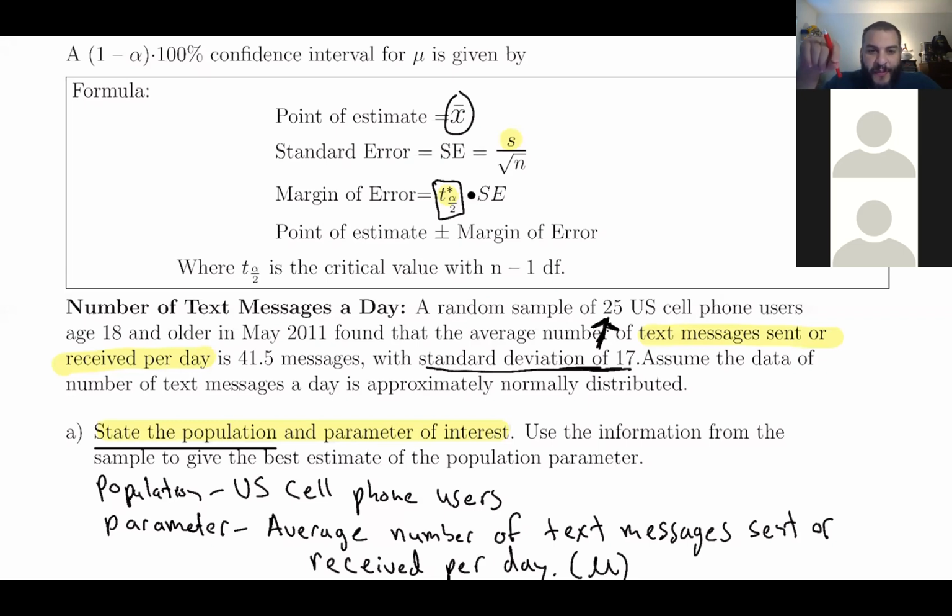So you do want to be able to identify that, because just remember on the test, it's not going to say this question is for population standard deviation is unknown. You're going to have to read the problem and decide if it was population standard deviation or sample standard deviation.